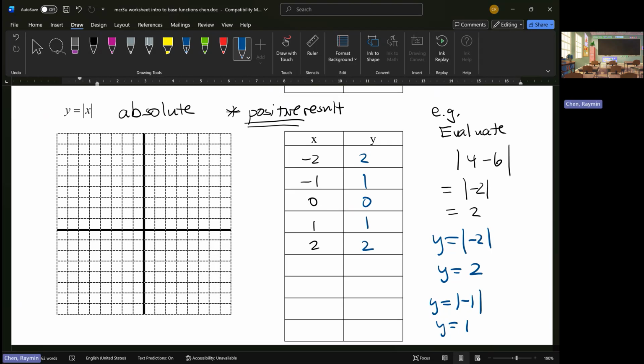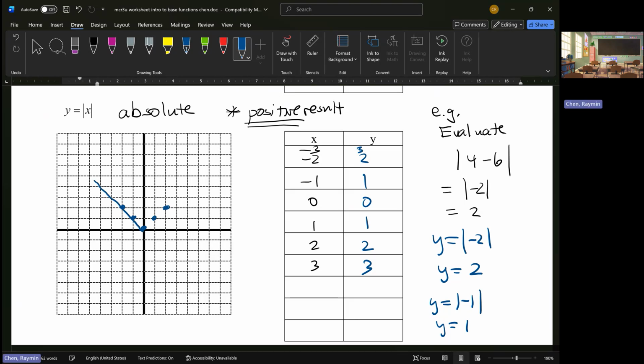So some of you are going to notice that when we plot these key points, (-2, 2), (-1, 1), (0, 0), (1, 1), (2, 2). And if you still weren't too sure, plug in 3, you get 3. Plug in -3, we still get 3. So notice what we get.